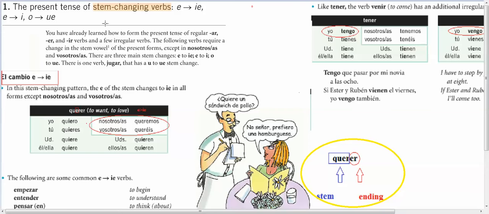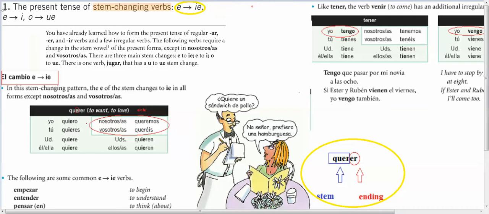Basically, when we were doing those conjugations before, we didn't do anything to the stem. But if it's a stem changing verb, then it makes sense that there's going to be some sort of spelling change in the stem before you add the endings that you've already learned. So there's 3 types in the present indicative tense. There are E to IE stem changers, which means there's an E in the stem that we're going to change to an IE before we add our endings.